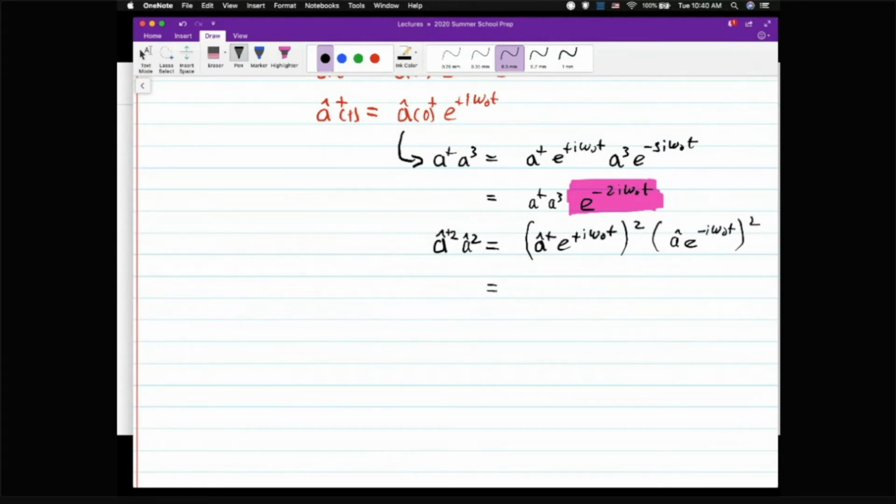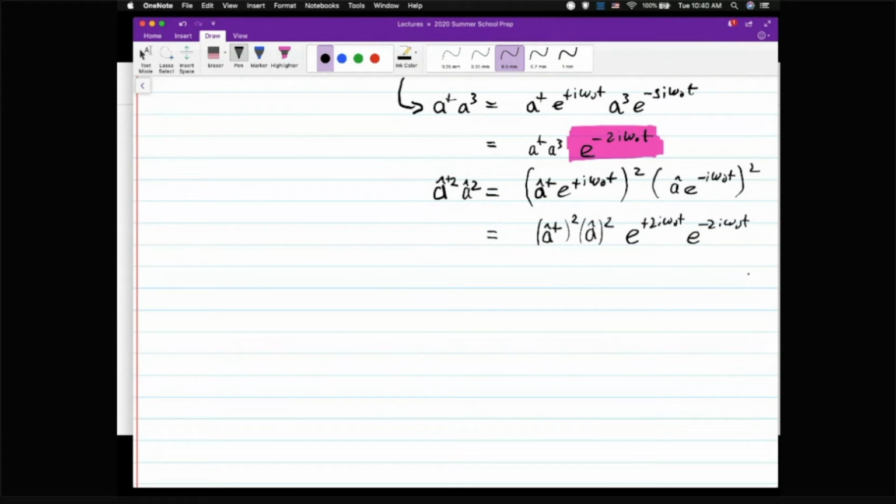And so this looks like the mixing of two waves, A dagger squared, A squared, times e to the plus 2I omega naught t, e to the minus 2I omega naught t. And you'll notice that there's an interference here, an interference which precisely cancels out the rotation of the A with the A dagger. And so this term is stationary. This term doesn't oscillate in this picture. And so I can write this out as A dagger squared, A squared.